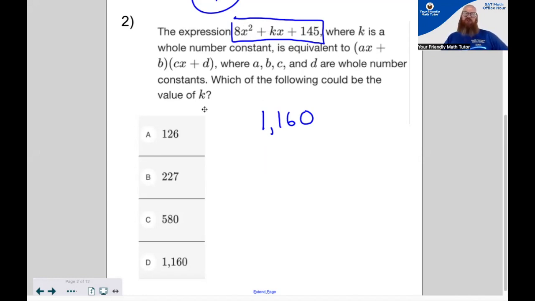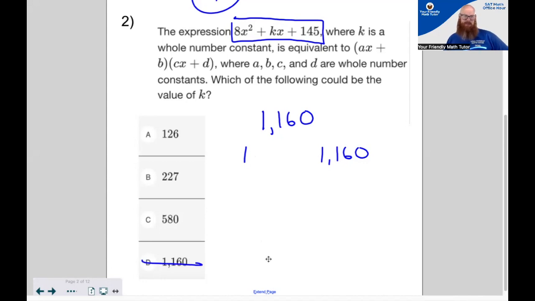So it says, which of the following could be a value of K? So if we think about the factors of 1,160, the first obvious one is 1 and 1,160. Well, if they were the values that would add up to K, that would be 1,161. So 1,160 is not going to be possible.